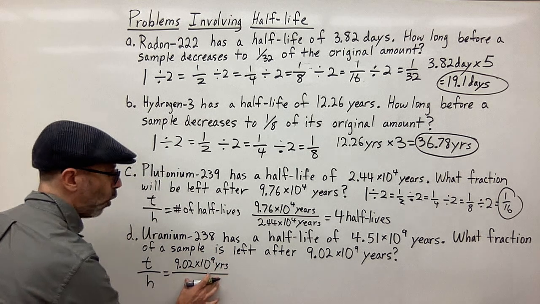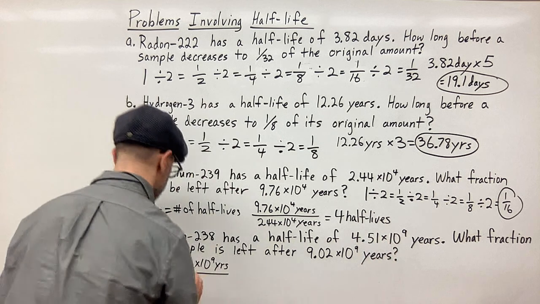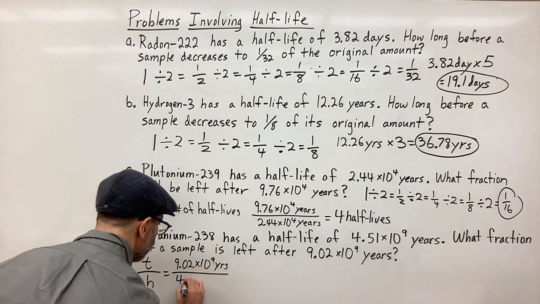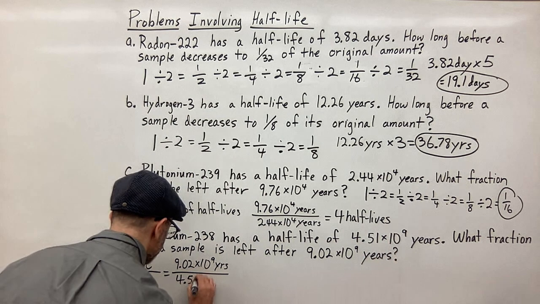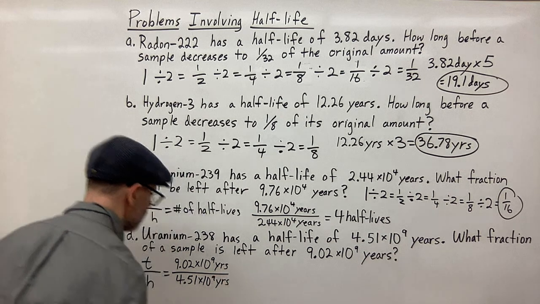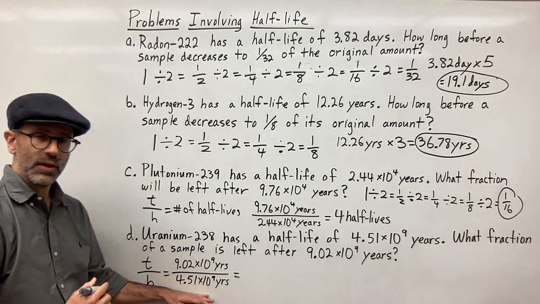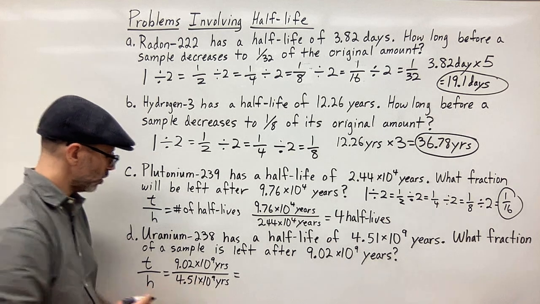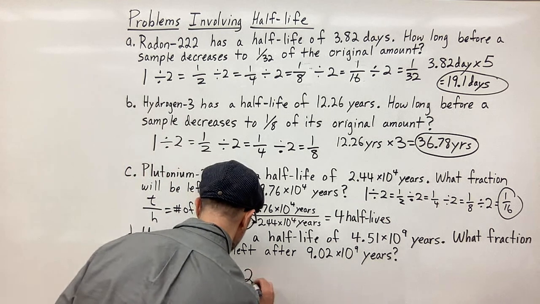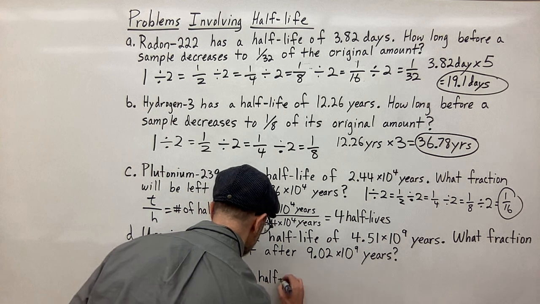We're going to take that total amount of time and divide it by the half-life, 4.51 times 10 to the 9 years. And then we divide that and look, it's 2. We get the number 2. So that's 2 half-lives.